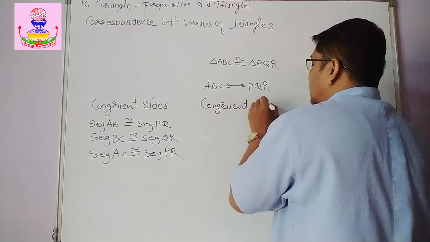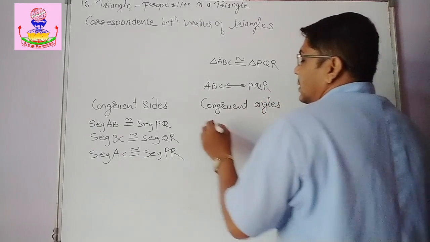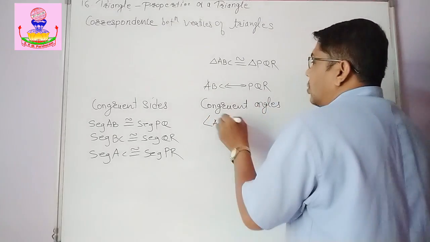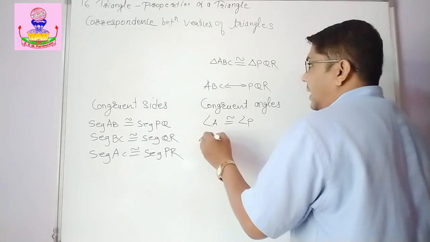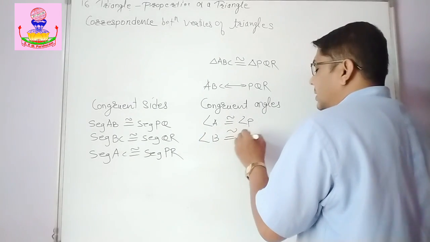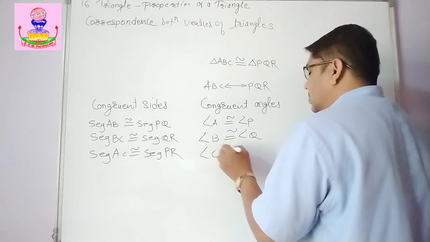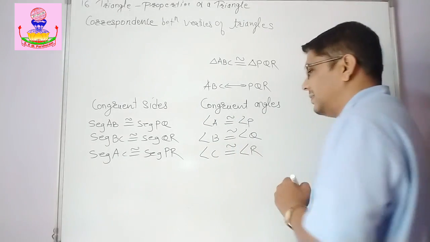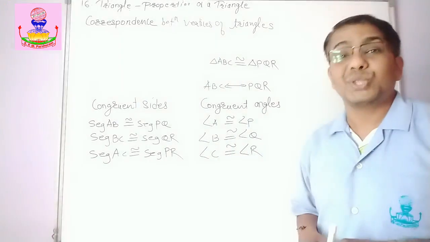Similarly, we can write the congruent angles. Angle A will be congruent to angle P. Angle B will be congruent to angle Q. And angle C will be congruent to angle R.